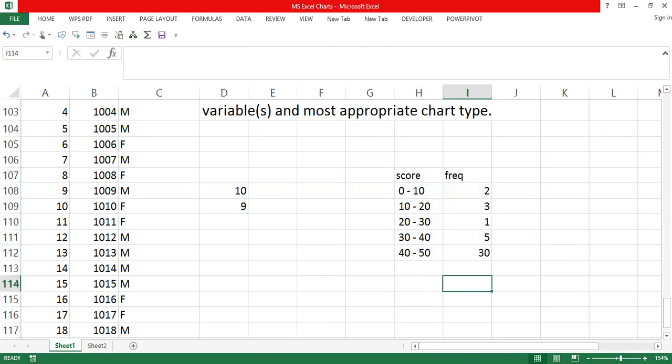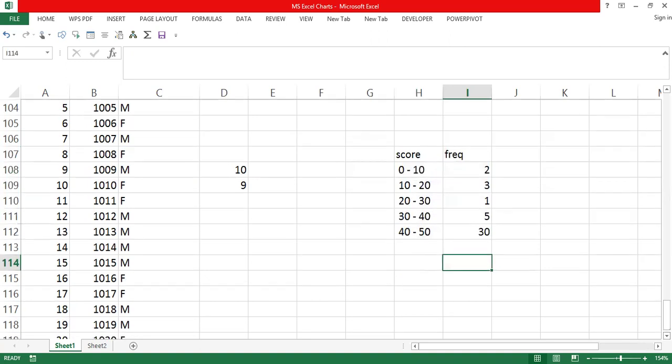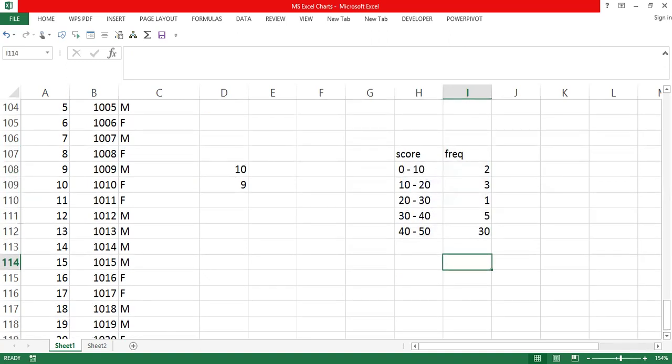Yes, sir. But what's the difference between a histogram and a bar chart? Have you noticed any difference before? Of course. What's the main difference?